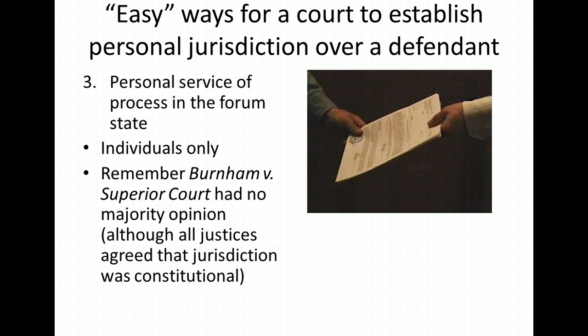The second thing that I wanted to remind you of is that Burnham versus Superior Court had no majority opinion.